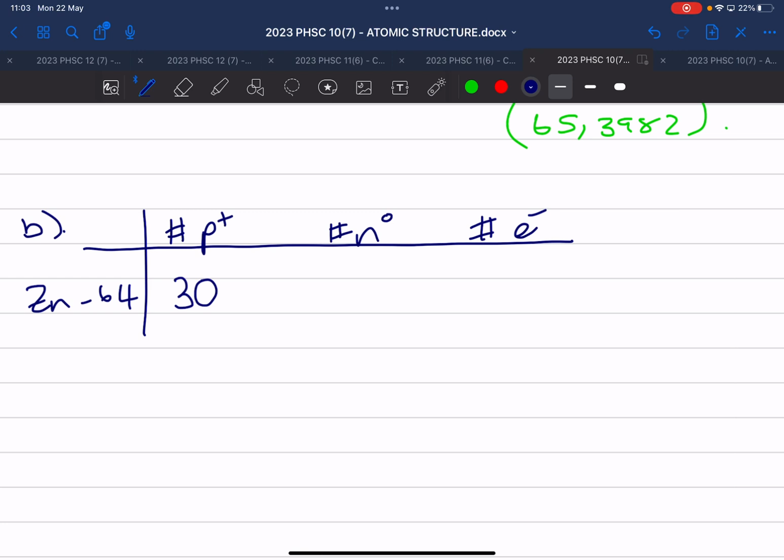Don't say 64. 64 is the mass. Mooi, hoe het jy gekom daar? I took the 64 minus the proton. Yes, you get 34. And then how many electrons, Nyakano? 30.